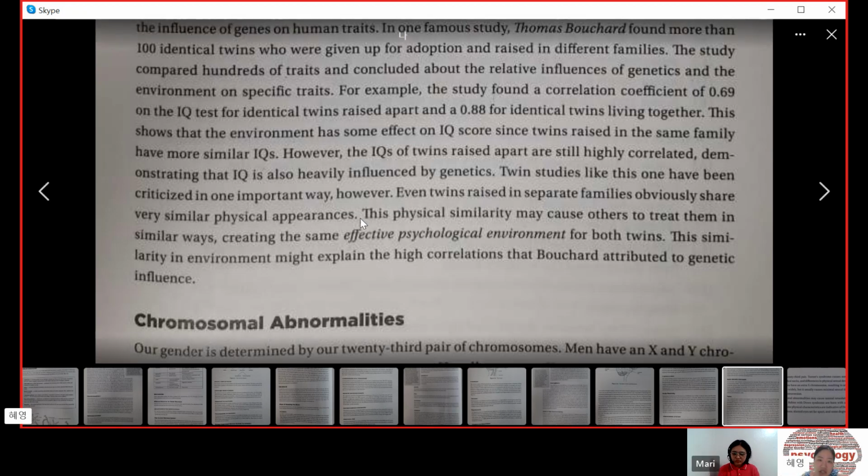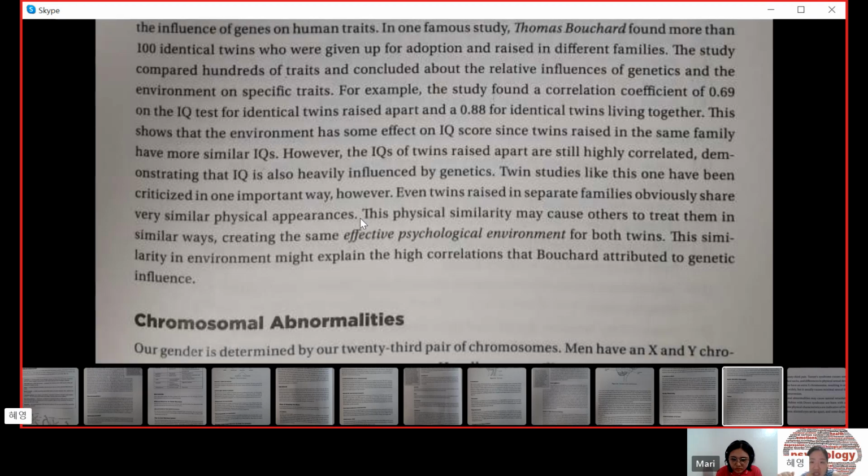This physical similarity may cause others to treat them in similar ways, creating the same effective psychological environment for both twins. This similarity in environment might explain the high correlation that Bouchard attributed to genetic influence.